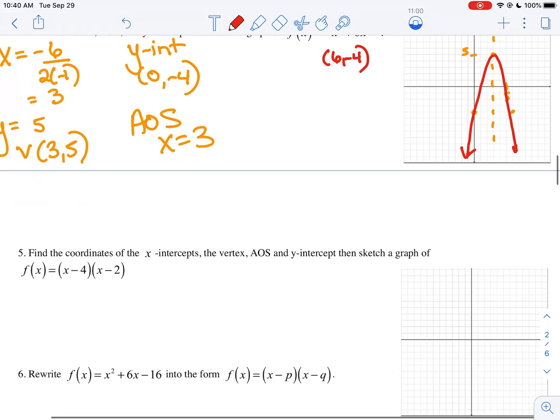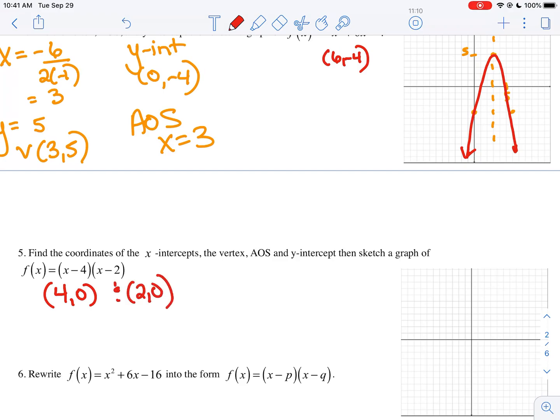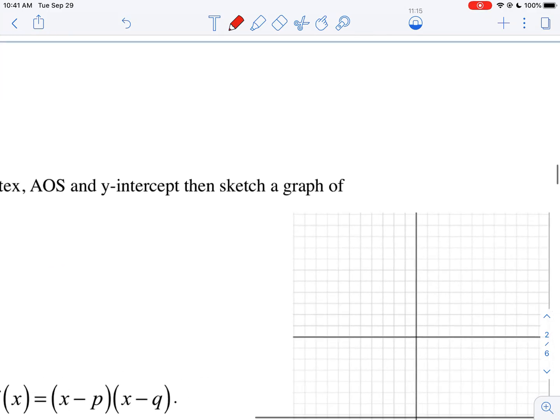All right, number 5. Find the coordinates of the x-intercepts. Well, remember the x-intercepts are when y is 0. Okay? Now what's interesting is, in case you didn't notice this, if I plot the x-intercepts, remember there's symmetry?